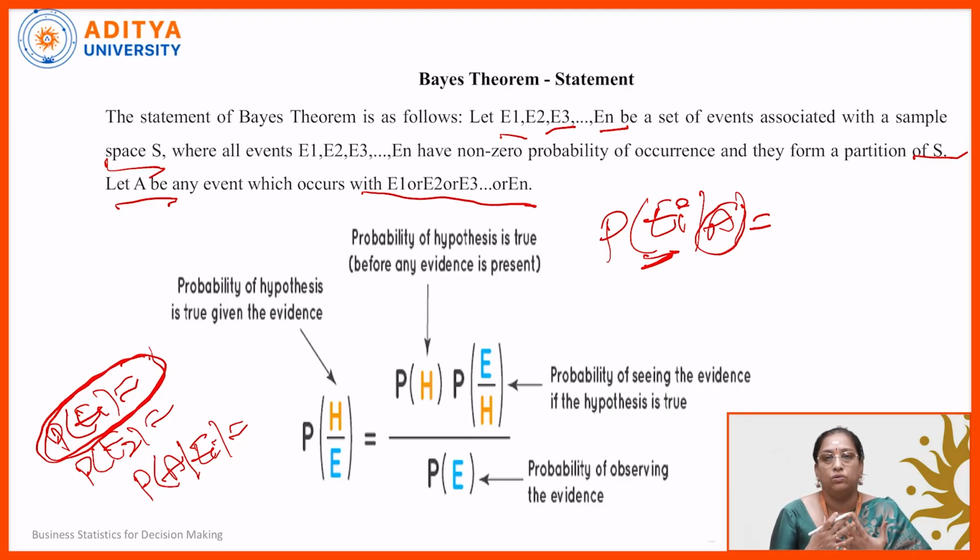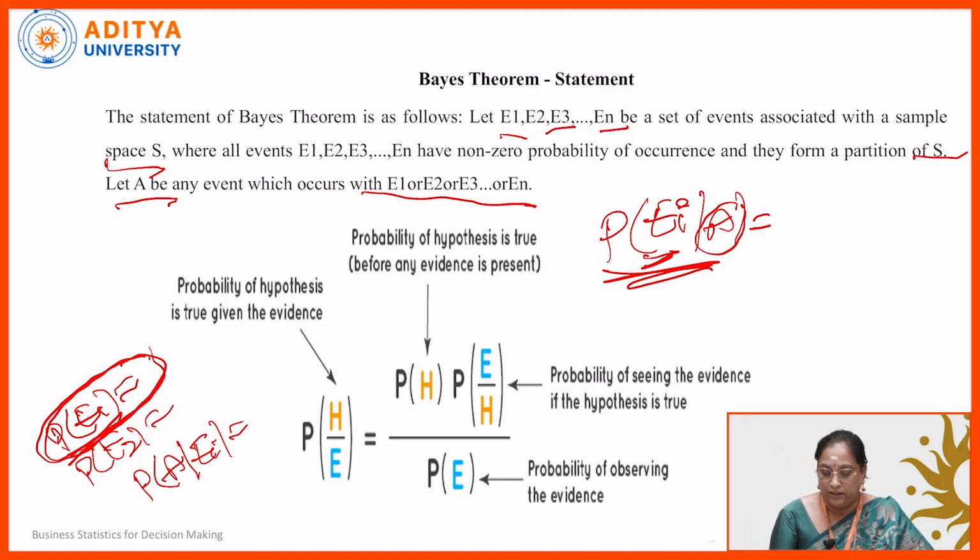By adding new evidence, new data, to the existing probability, we revise the existing prior probability. That is why it is also called revised probability.